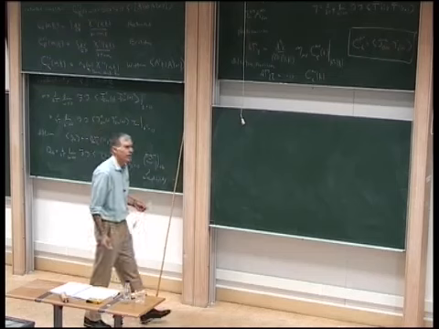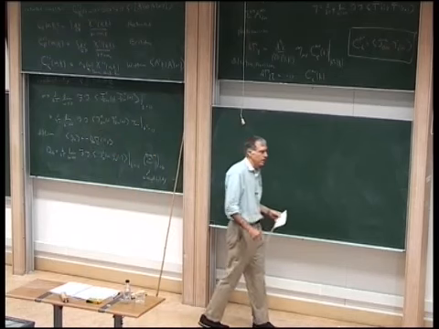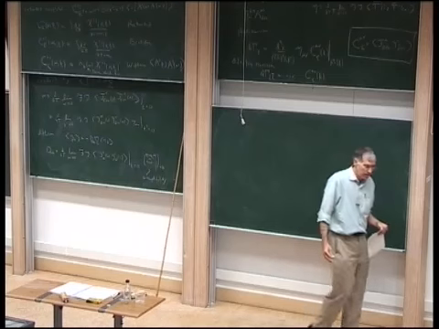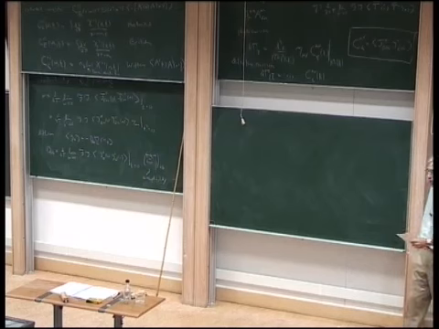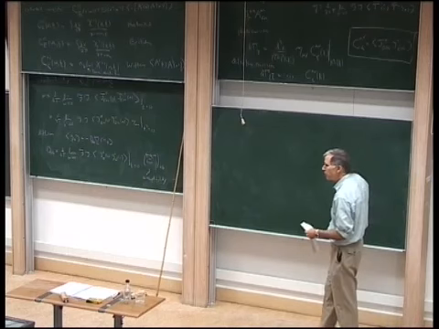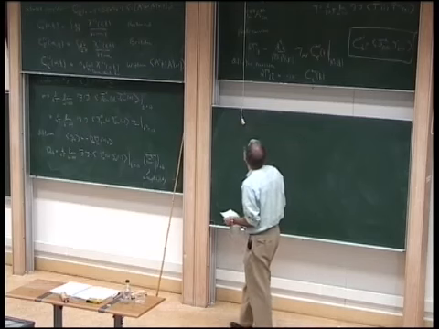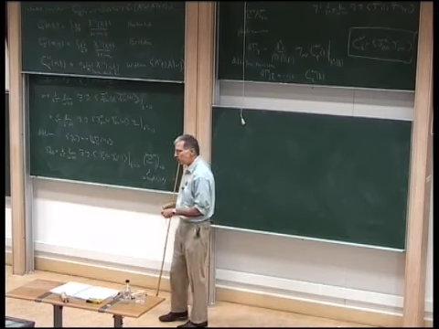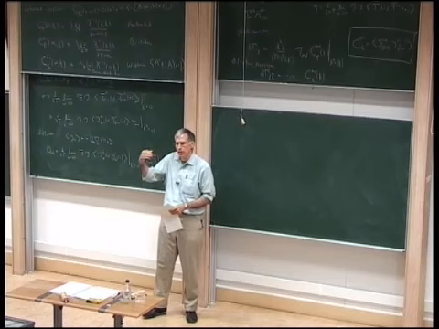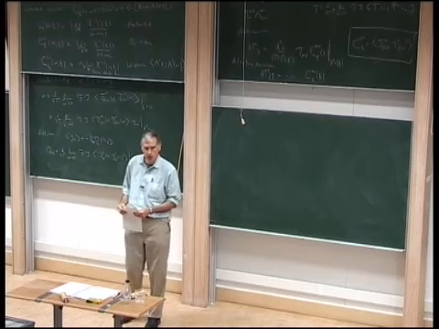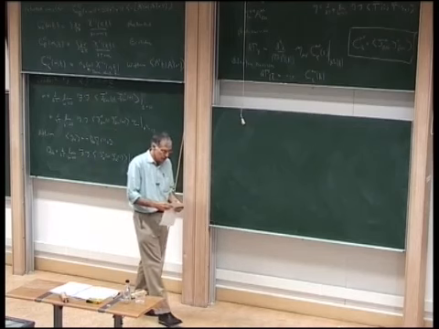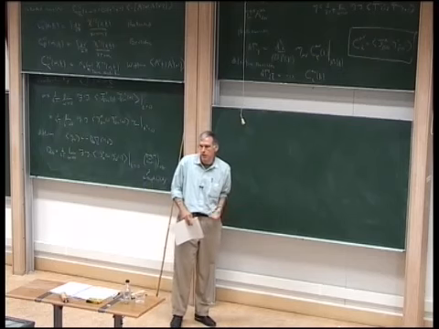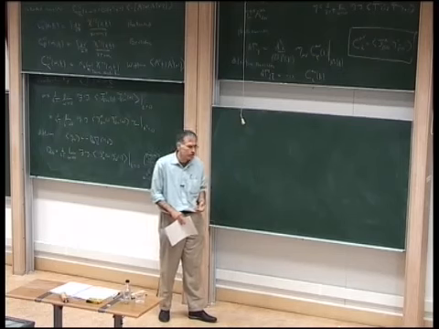You've already heard the basic setup for extracting expectation values of local operators using AdS/CFT duality, right? And it all begins by saying think about turning on some external source which is going to couple to that operator. Really think about a generating functional for correlation functions of this operator of interest.